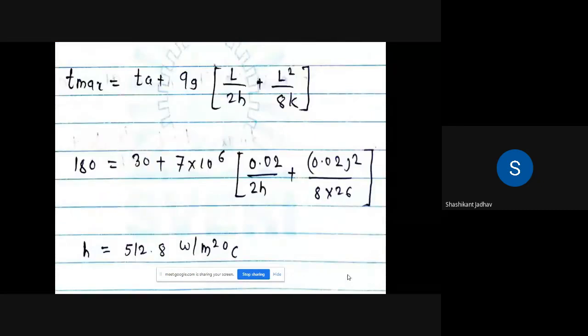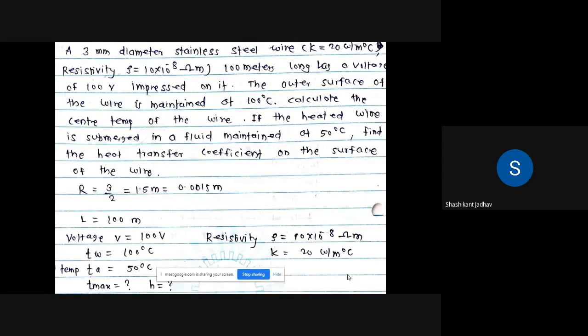From that we wrote the equation for T max and calculated the value of h. Whatever values were given, we put in, and we get h is equal to 512.8 watt per meter square degree Celsius. Now we have to consider the second problem. So all of you write down the second problem.